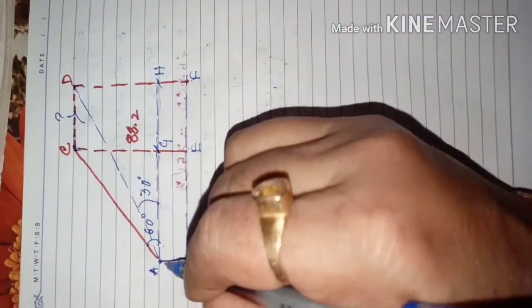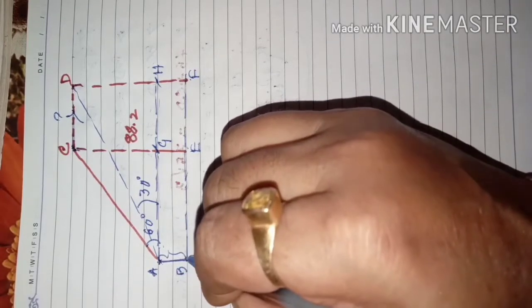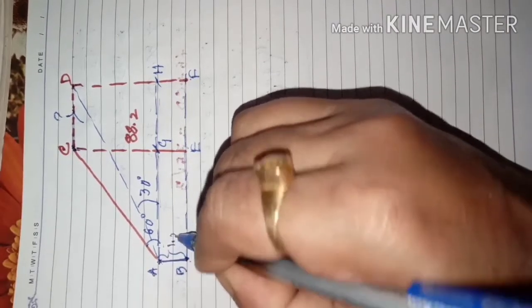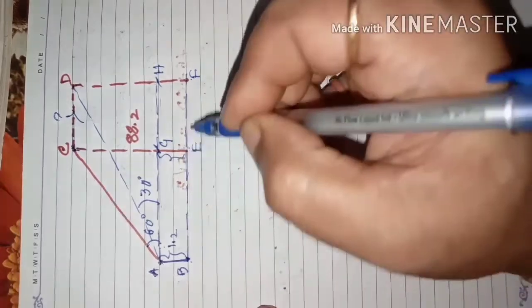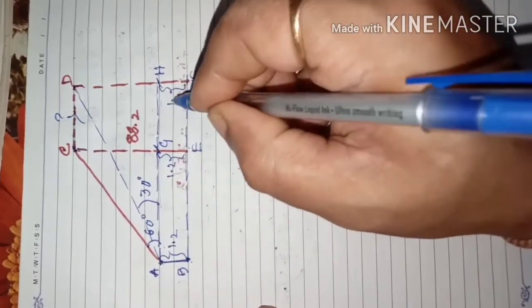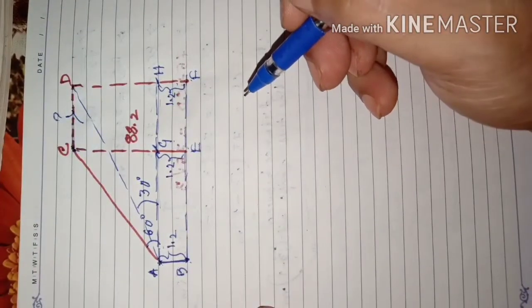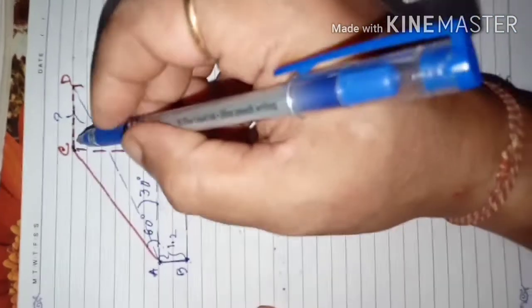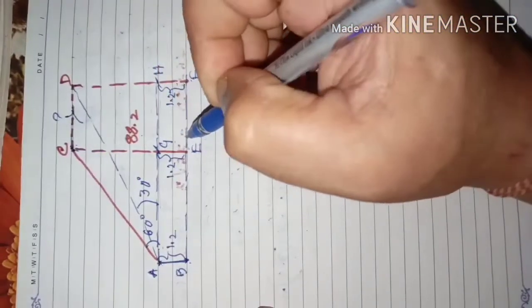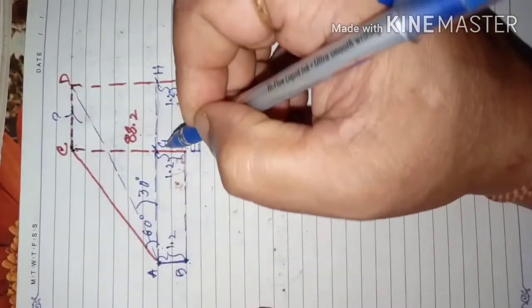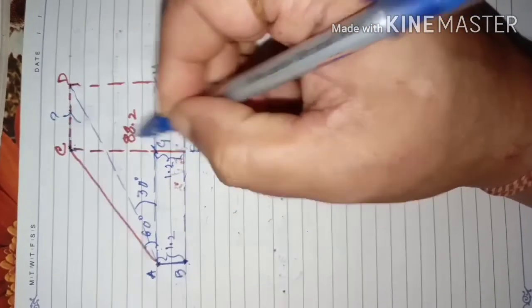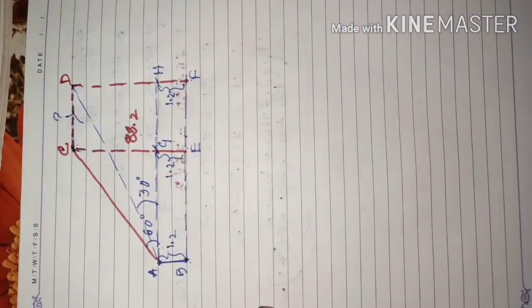Now as you know, this AB is the height of the girl, that is 1.2. That means ZE also will be 1.2. Then HF also will be 1.2 because they are all equal to the height of the girl.